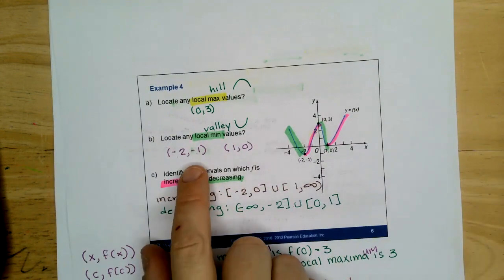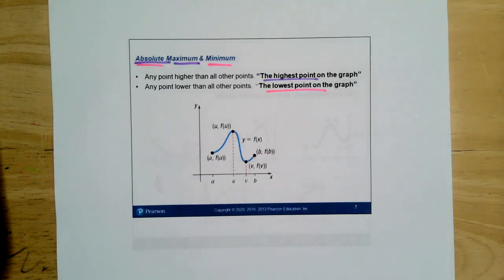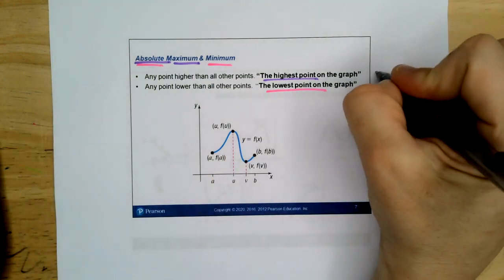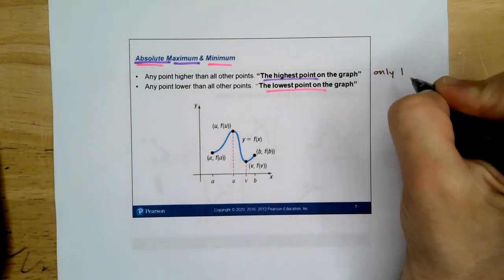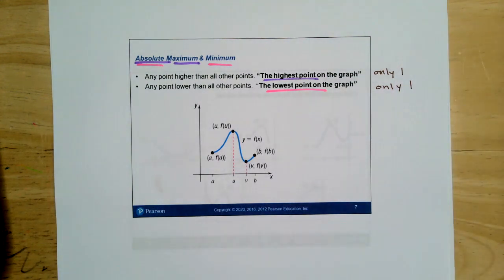For local minimums, you can have more than one. That one was a local minimum, that one's a local minimum. Absolute, only one. There's only one highest point. Okay? It's not going to be an arrow. If you just have an arrow going up infinity, that's not the absolute maximum or the absolute minimum, because that's just the number infinity. Okay?